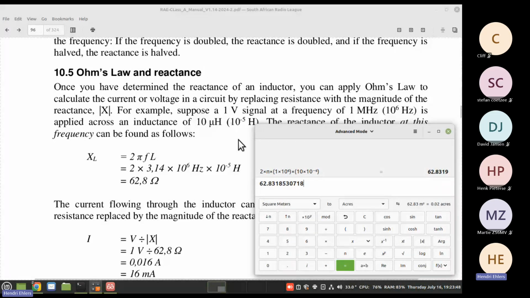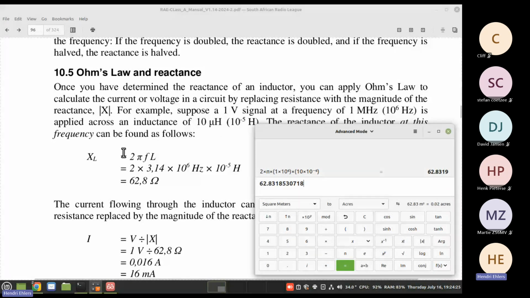So be careful that you don't get confused. When my daughter was in school and I had to help her with her maths, I said to her, when you read the story that they give you, as you get your values, you write them down. So you write your voltage down, you write your megahertz down, and you write everything down.